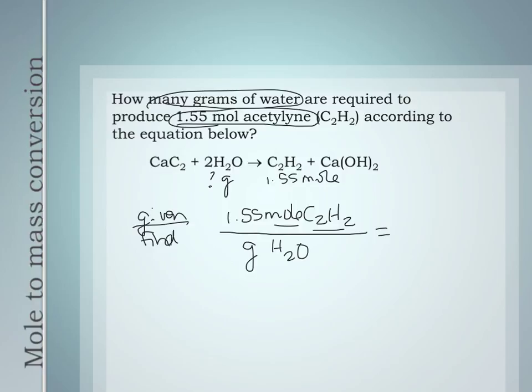Okay, so it gets a little icky if we keep writing our units here. We do need to put the same substance across from the same substance. So C2H2 across from C2H2, and these are both H2O.